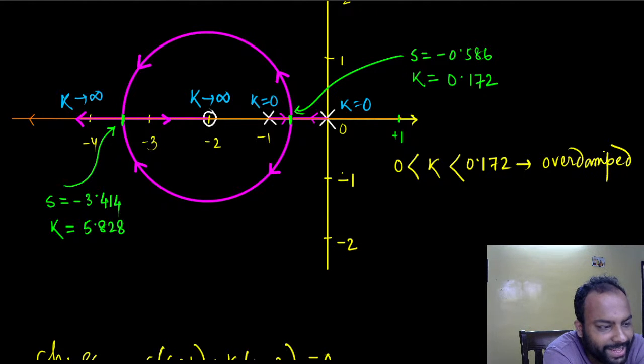Yes, someone is asking, is it possible to say which root goes to which? There is absolutely no way of saying which root goes to which, because when they break in or break away, they are identical roots. One root becomes indistinguishable from the other.